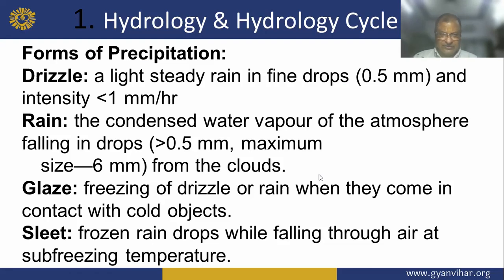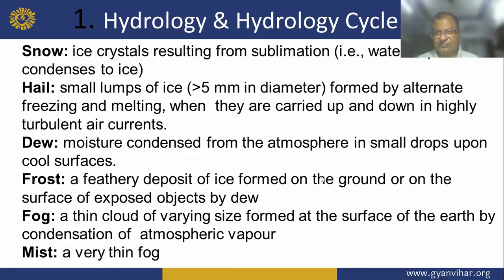Glaze: freezing of the drizzle or of the rain when it comes in contact with a cold object, and it is frozen rain drops while falling through air at sub-freezing temperature. Snow: ice crystals resulting from sublimation, that is water vapor condensed to ice.